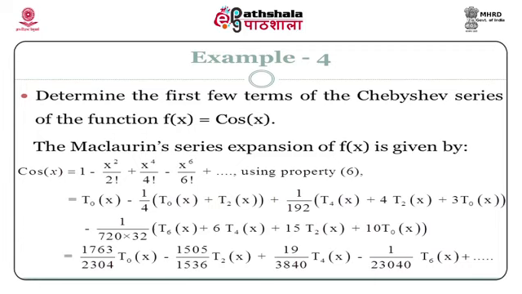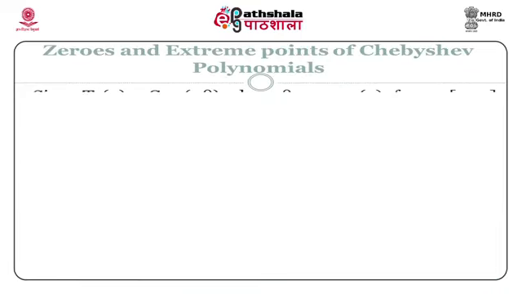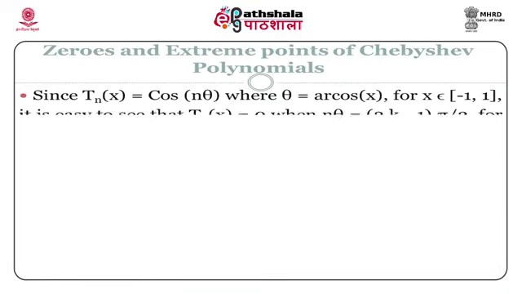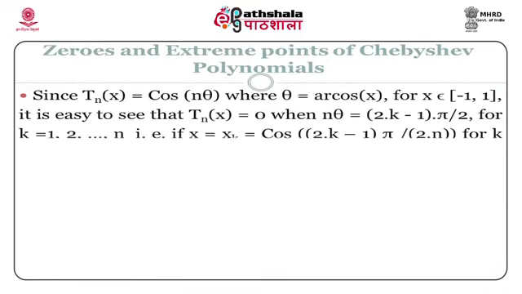Now, we are going to talk about one of the important properties of the Chebyshev polynomials, and for that we will be discussing the zeros and extreme points of the Chebyshev polynomial. Since Tn(x) is equal to cos n theta, where theta is arc cos x, for x belonging to minus 1 to 1, it is easy to see that Tn(x) equals 0 when n theta is equal to (2k minus 1) pi by 2 for k equal to 1, 2, 3 and so on.